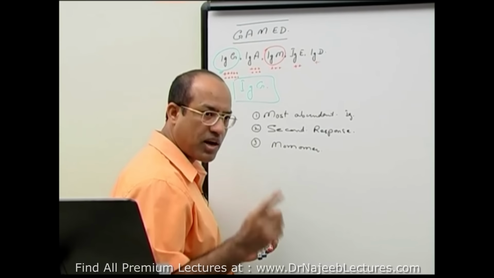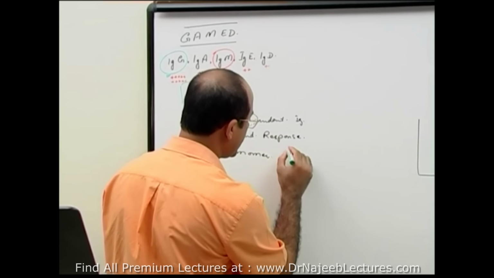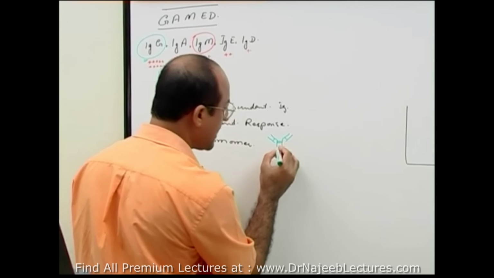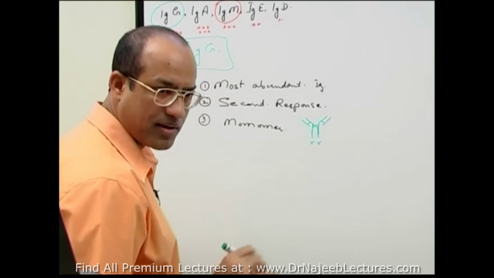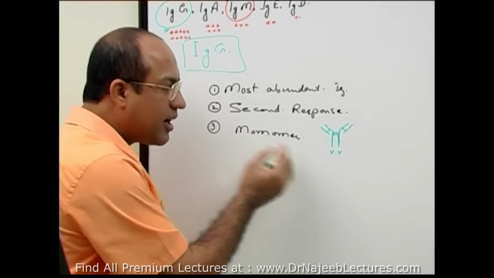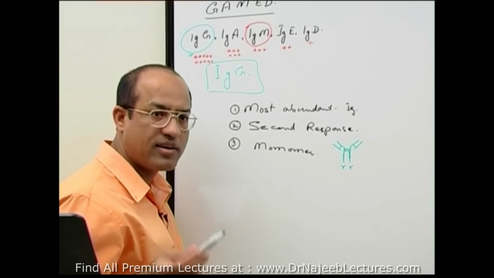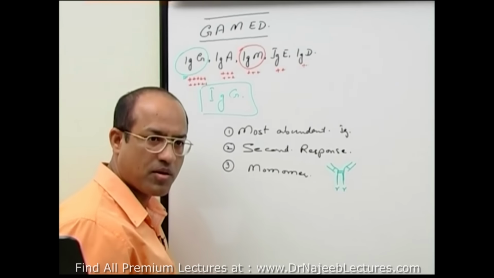IgG circulates in the blood as a monomer, so we can say that it has 2 heavy chains and 2 light chains, and the heavy chains belong to gamma and gamma. Is that right? Because it is a monomer and a small molecule, not only does it circulate in the blood, it also comes into other body fluids, right?